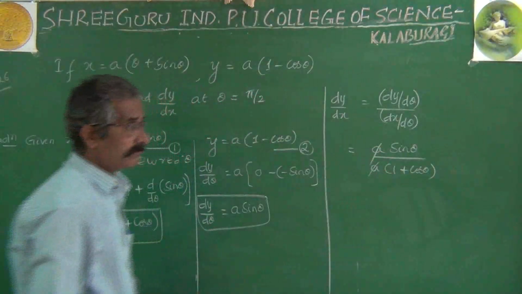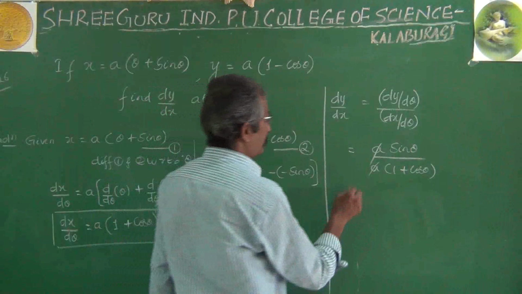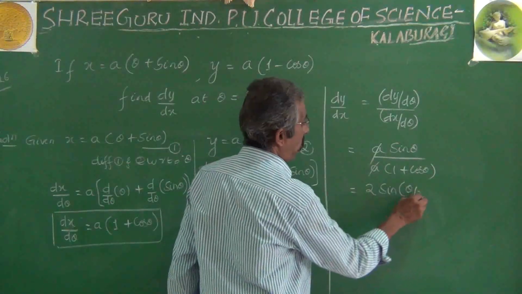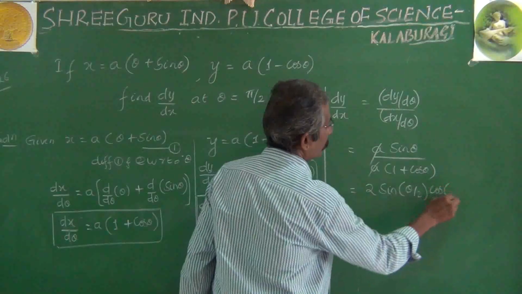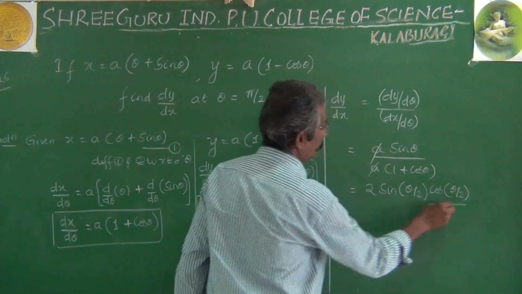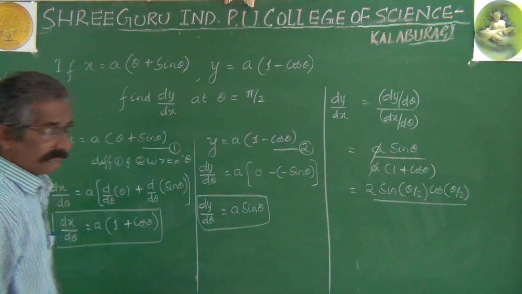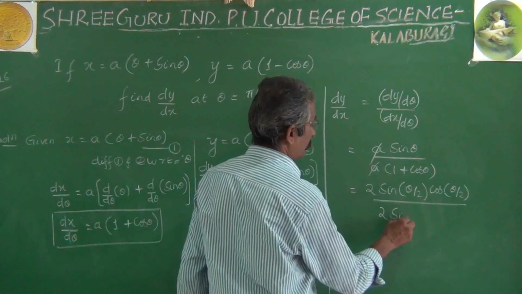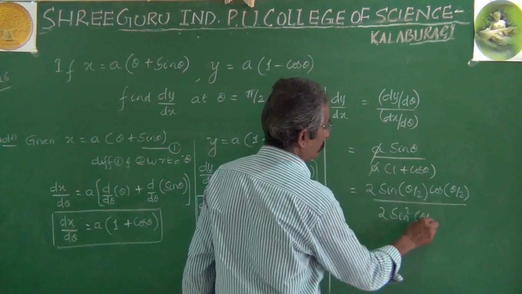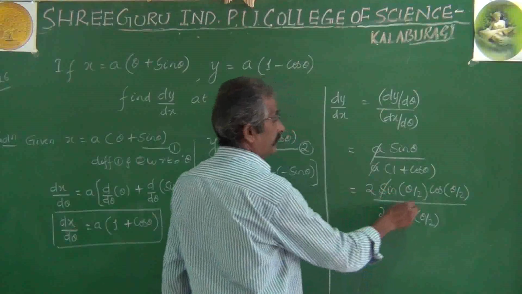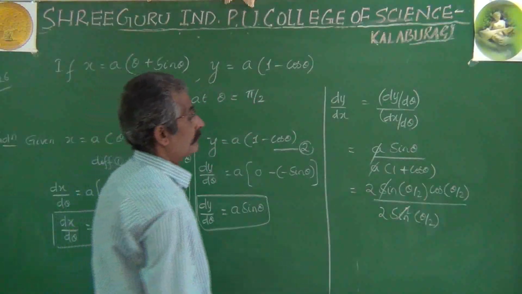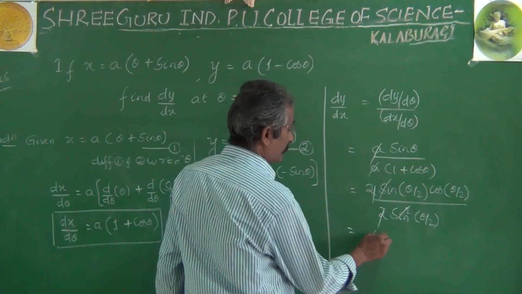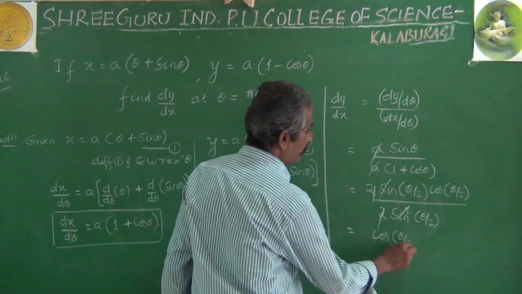A cancels out. And also sin theta formula is 2 sin theta by 2 into cos theta by 2, whereas 1 plus cos theta formula is 2 sin square theta by 2. The sin theta by 2 factor will cancel out. So 2 cancels out, leaving cos theta by 2 divided by sin theta by 2.